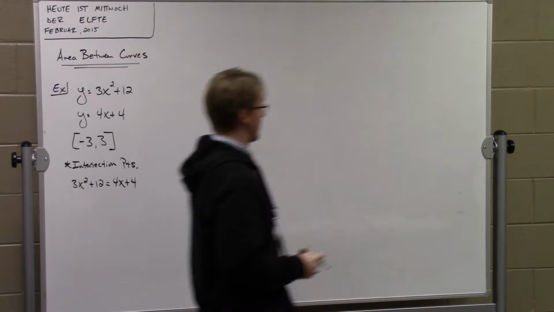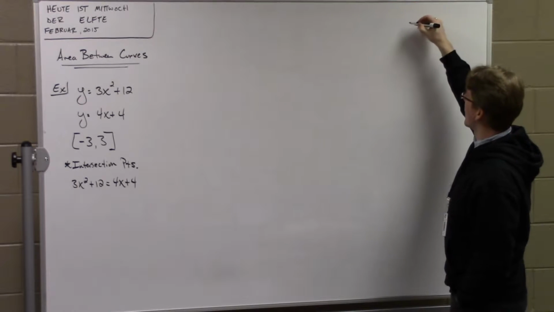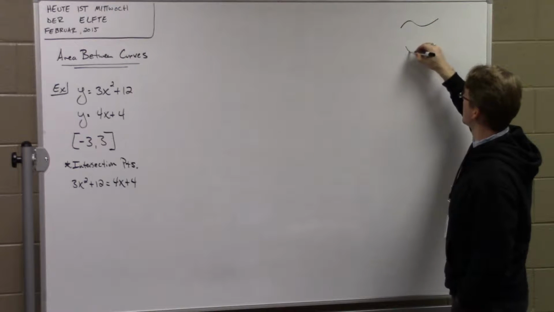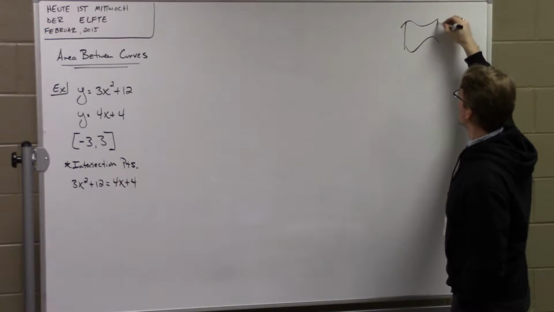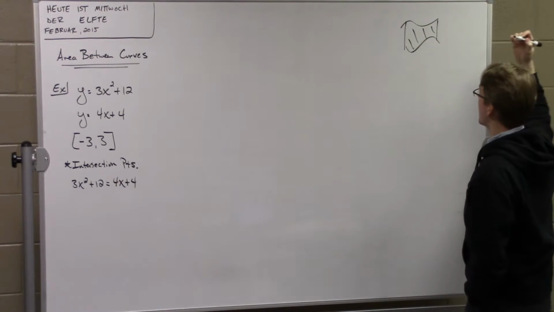The idea here is this, just again to give you a crude sketch of things that could happen. You could have function on top, function on bottom, start, stop. So we'd be looking at that kind of area, maybe.